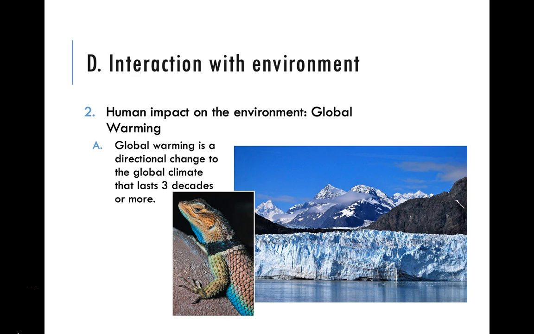So this lizard we have here is a spiny lizard. He lives in the Chihuahuan Desert and the Sonoran Desert of Mexico. As temperatures increase, this lizard has begun to spend more time in the shade. It's feeling hotter, it wants protection from the sun, and this increased time in the shade has decreased its food intake, which has caused a drop in reproduction for these lizards, and so their population is declining.